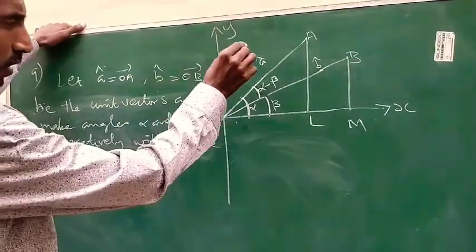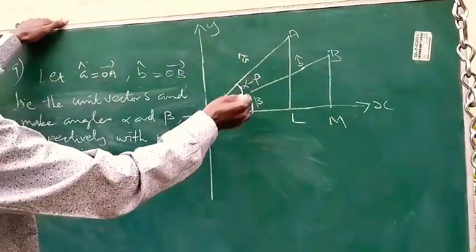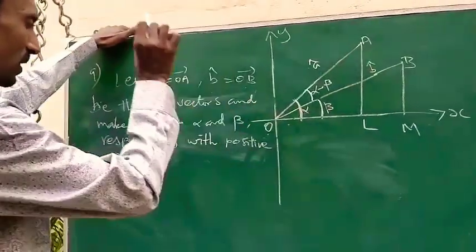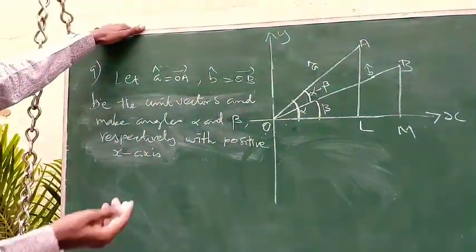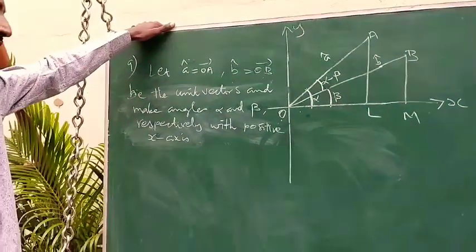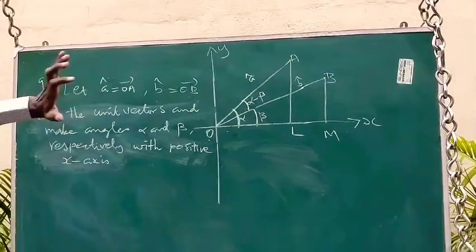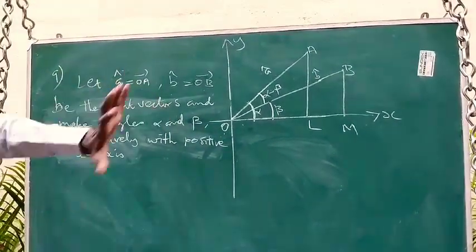Assume both are unit vectors, with A cap making an angle alpha and B cap making an angle beta with the positive x-axis. That is the basic assumption. It may be sin alpha minus beta or cos alpha minus beta, in exercise question number 9; both have the same consideration.